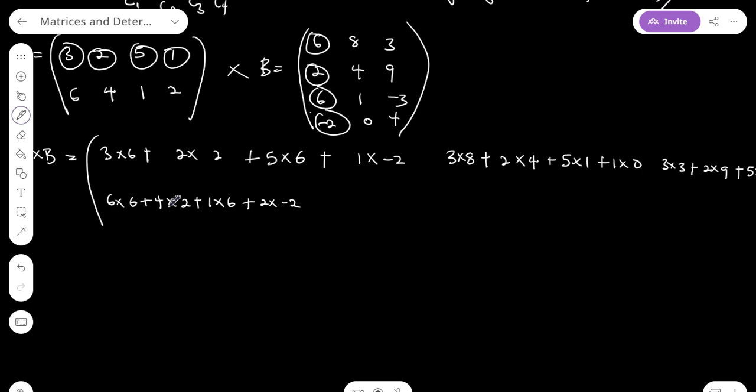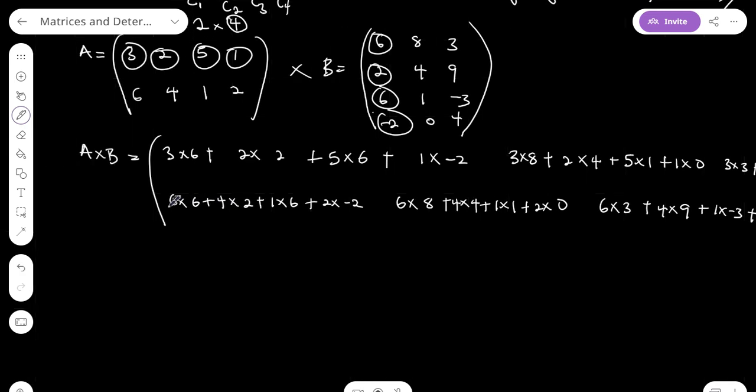Row 2 multiplies column 2. So we have 6 multiplying 8 plus 4 multiplying 4 plus 1 multiplying 1 and then plus 2 multiplying 0. Row 2 will also multiply column 3. So we have 6 multiplying 3 plus 4 multiplying 9 plus 1 multiplying minus 3 and then plus 2 multiplying 4.